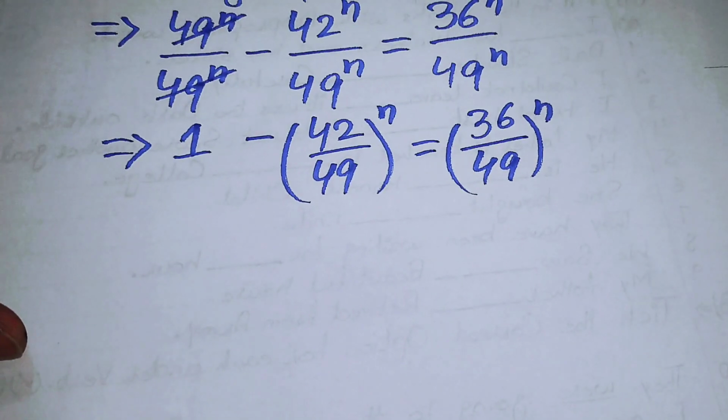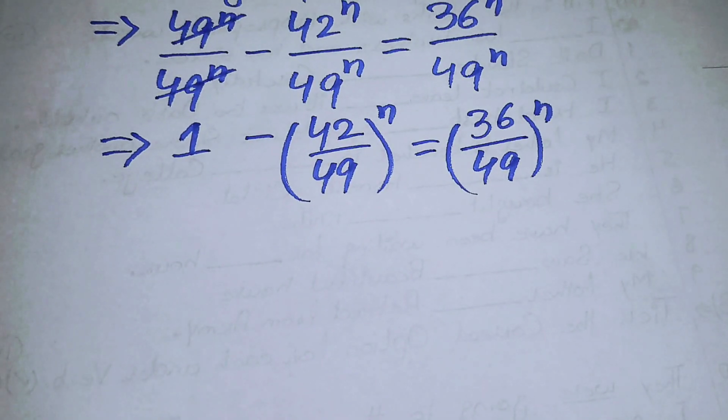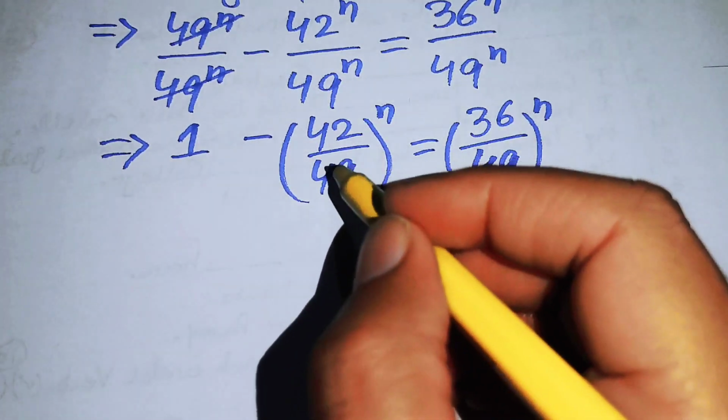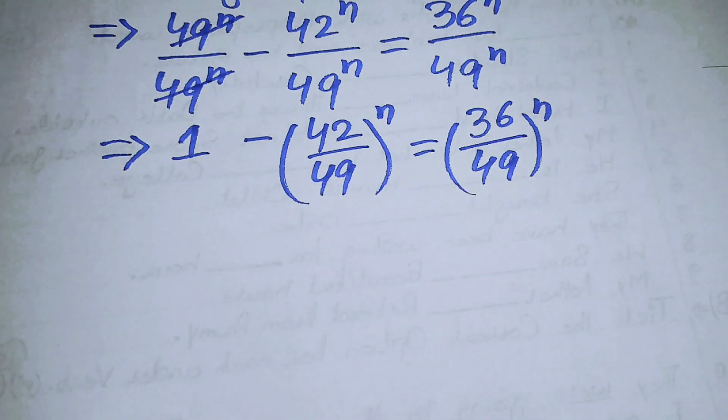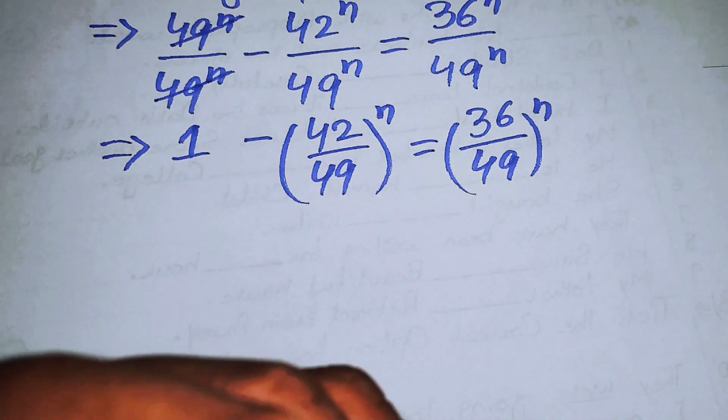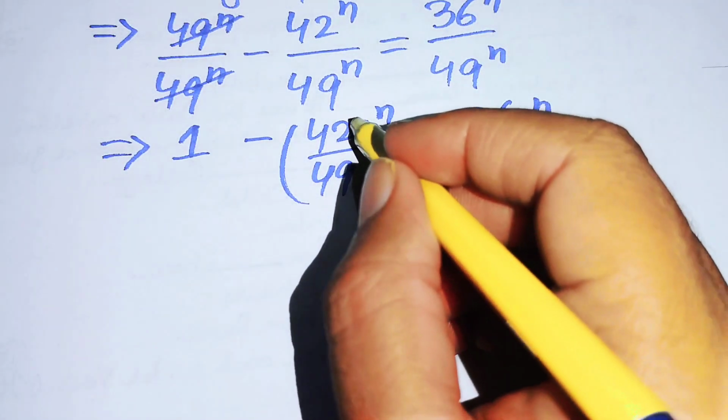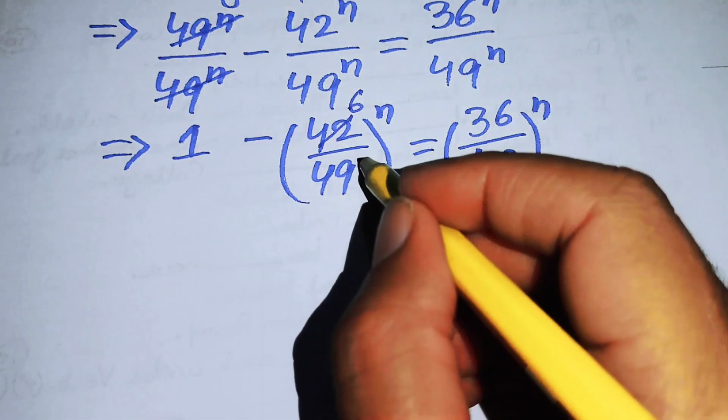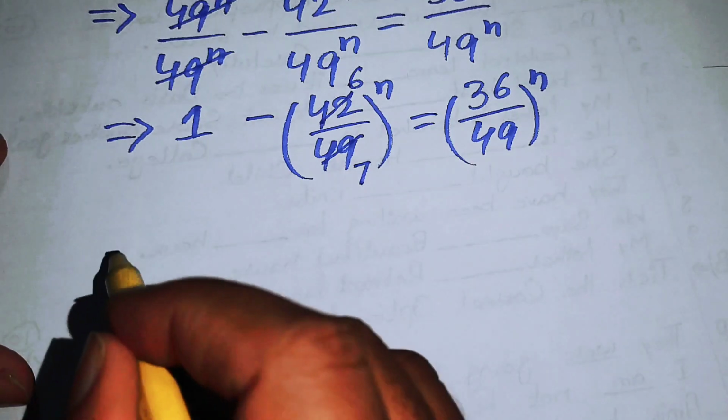In the next step we will just cancel the terms if any. Here you see that these two terms cancel on the table of 6 or on the table of 7. So 7 6s are 42 and 7 7s are 49.